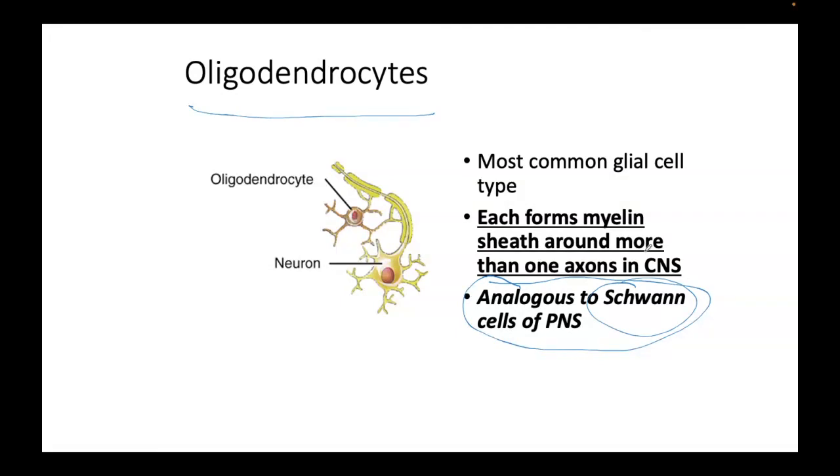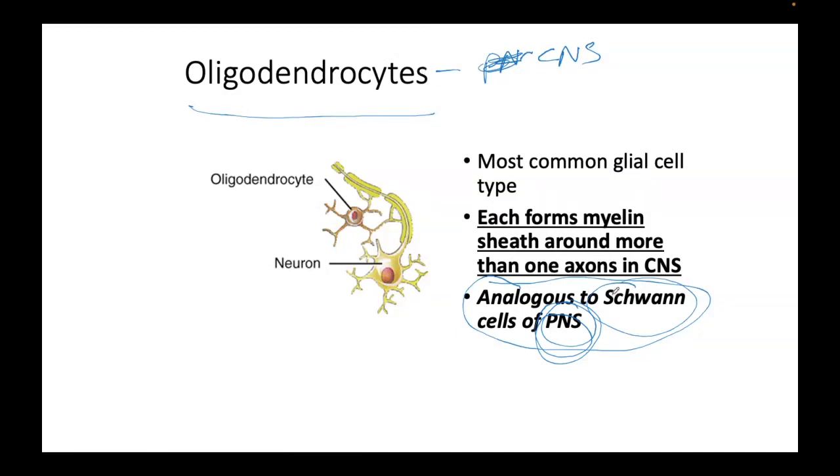The difference here is real estate. Real estate is all about location, location, location. The oligodendrocyte is located in the central nervous system, whereas the Schwann cell is located in the peripheral nervous system. Functionally, they do the same thing.